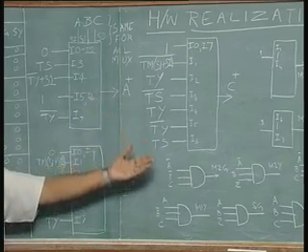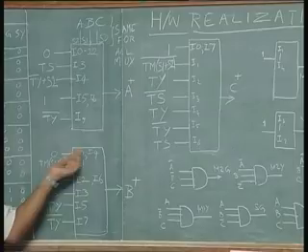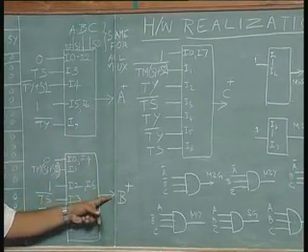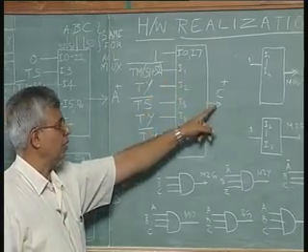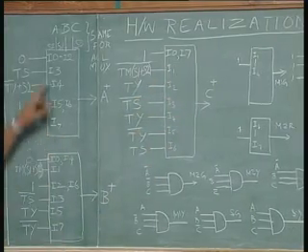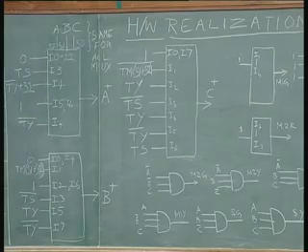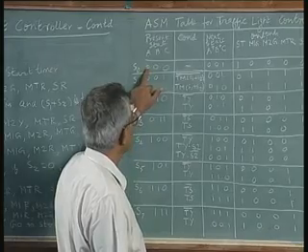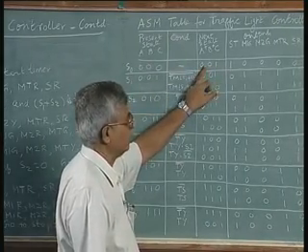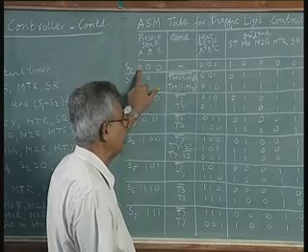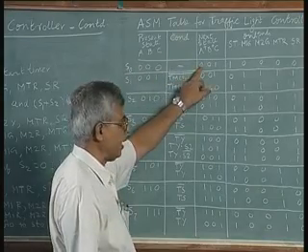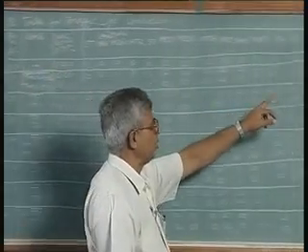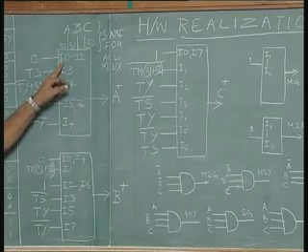The present state ABC connection is not shown here. Already the drawings are too many and cluttered, and we do not want to increase the complexity of the drawing. So ABC are the inputs and B plus is the output; ABC is the input and C plus is the output, and what to give to each of these inputs depends on this table. For example, when you are in state S0, the next state is 0. So for the first input of the first multiplexer, corresponding to A, you give 0 as the input, I0.